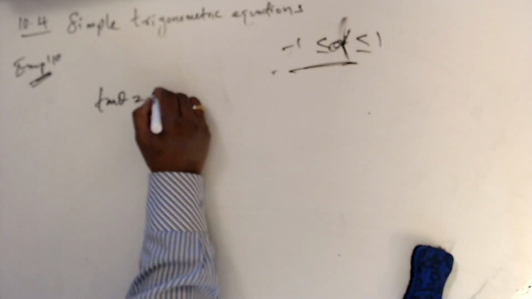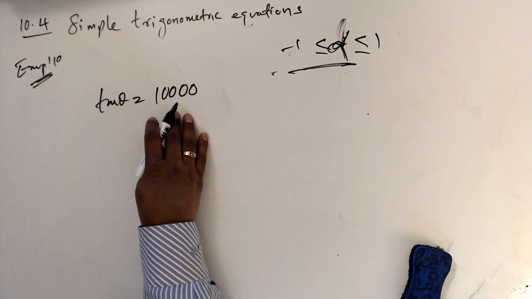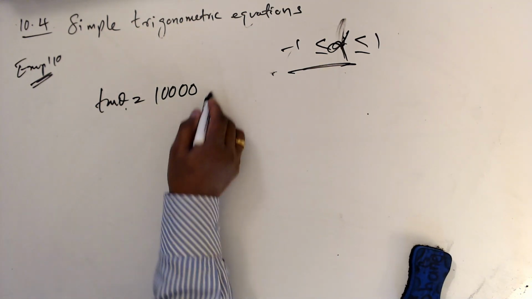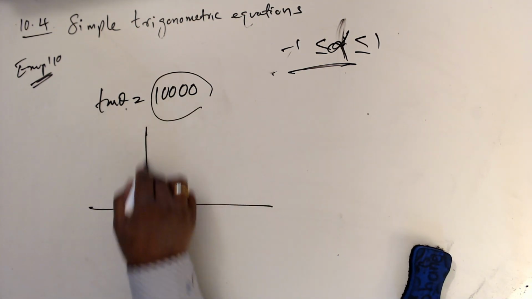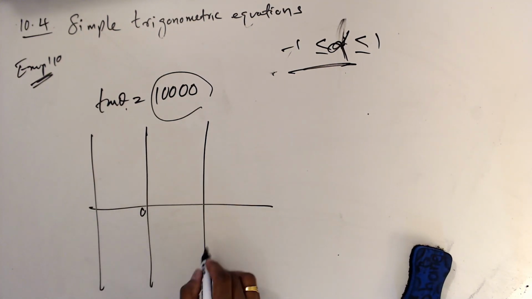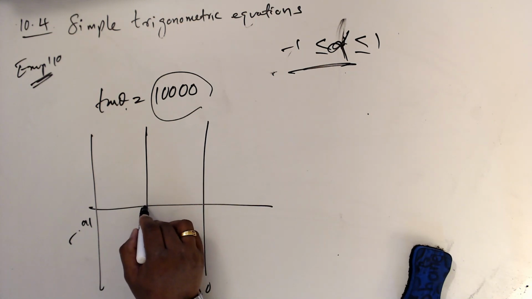Tan theta equals 10,000. Is this realistic? Yes. When you look at the tan graph, between minus 90 and plus 90, it's going like this.